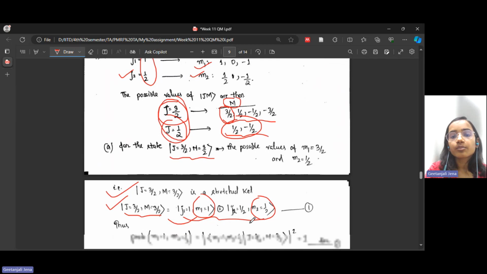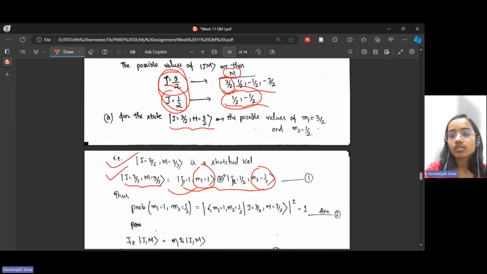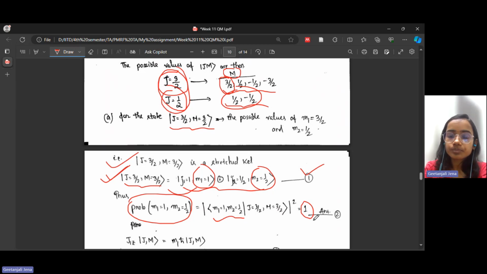Here the value of M1 is 1 and M2 is 1/2, already fixed. So the probability of getting M1 equal to 1 and M2 equal to 1/2 will be 1, because if you take the inner product of this equation 1 with M1 equal to 1 and M2 equal to 1/2, you will get 1.